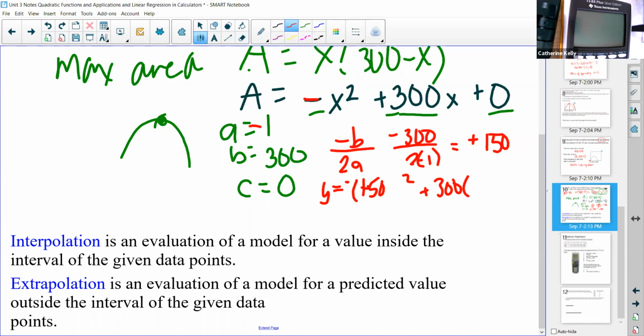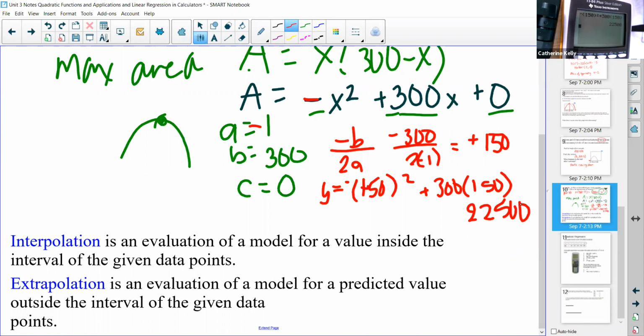Use a calculator. So if we go in our calculator, we have here negative parentheses 150 squared plus 300 times 150. Then it would be 22,500.